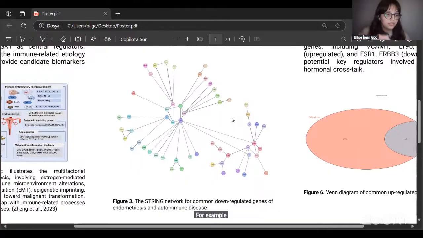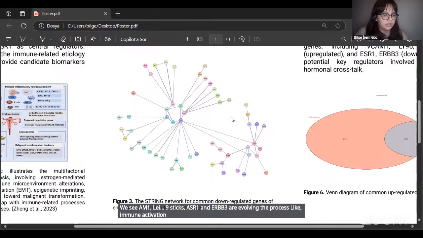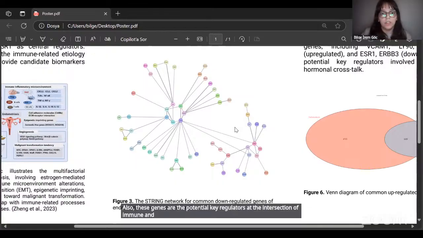For example, some of the up- and down-regulated genes like VCAM1, IL6, ASR1, and ERBB3 are involved in processes like immune activation, signaling and hormone response. Also, these genes are potential key regulators at the intersection of immune and hormone signaling in this protein-protein interaction result.